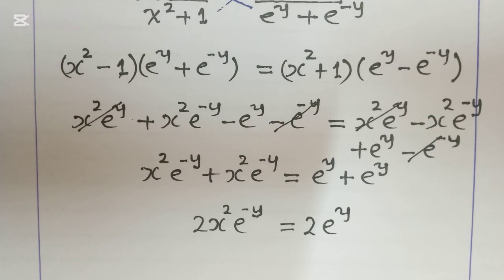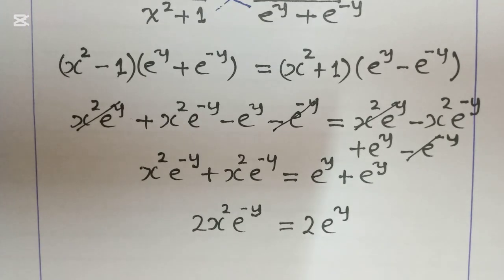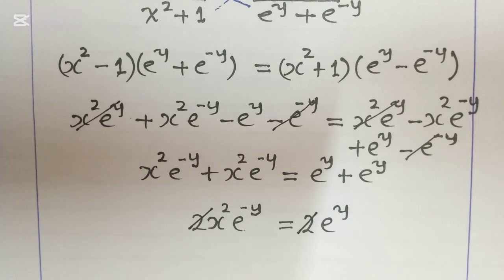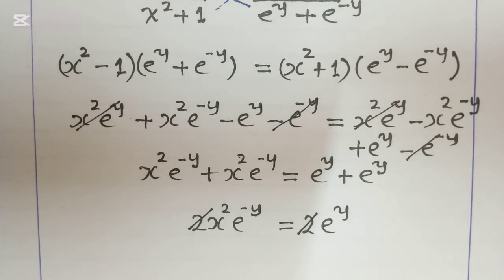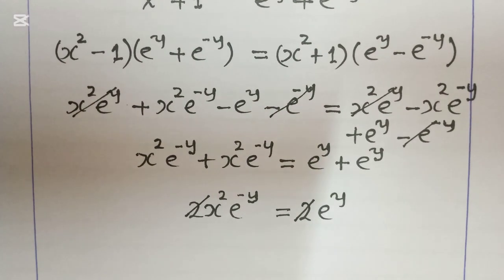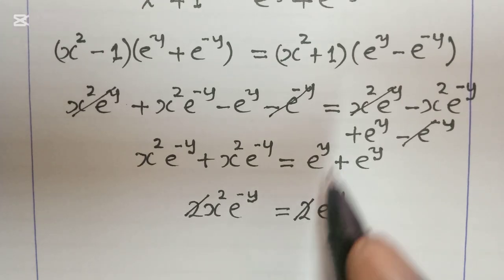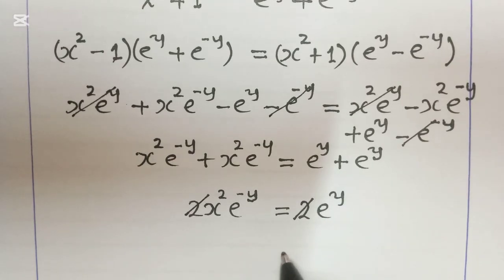After that, guys, we can cancel these 2 and cancel that 2. Then we are left with, now what we can do, we can bring this e raised to y to this side, so that we bring the e's together.